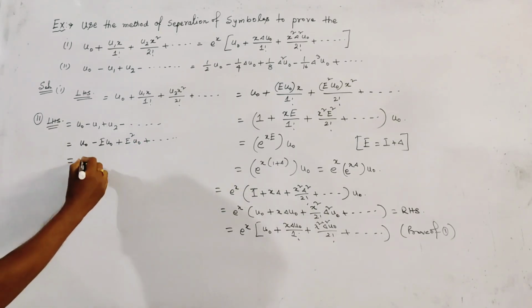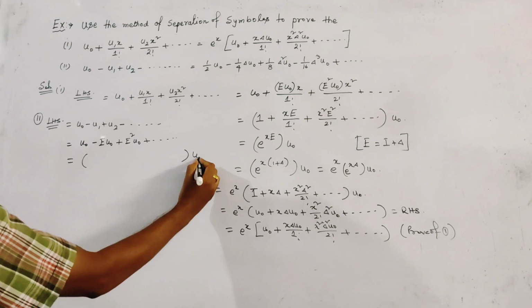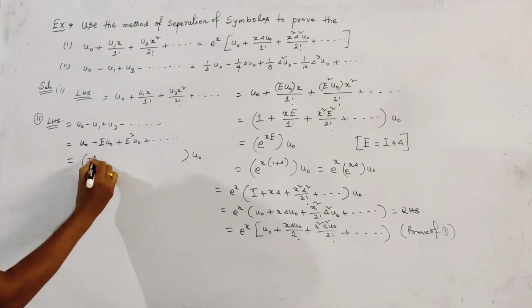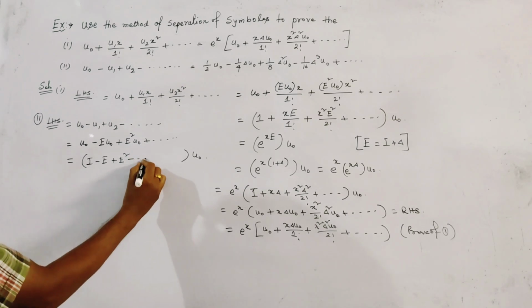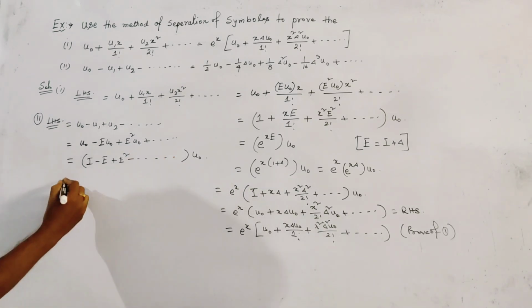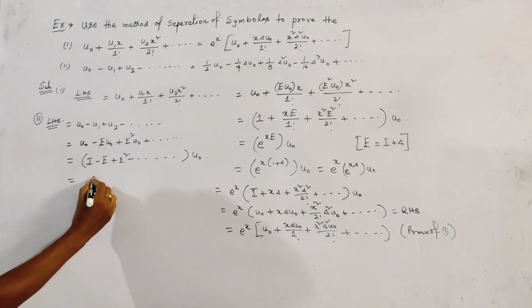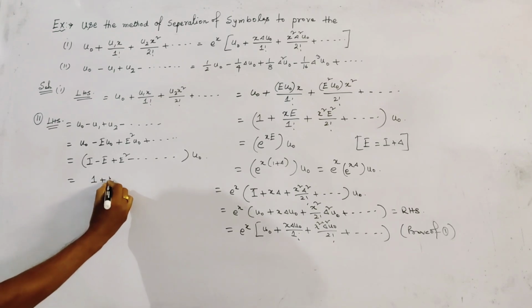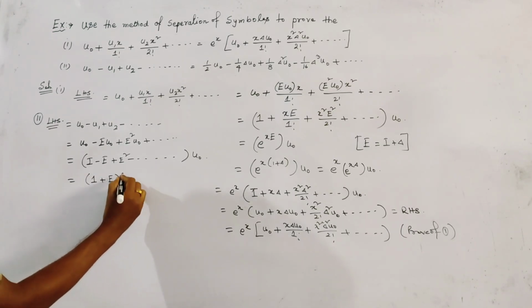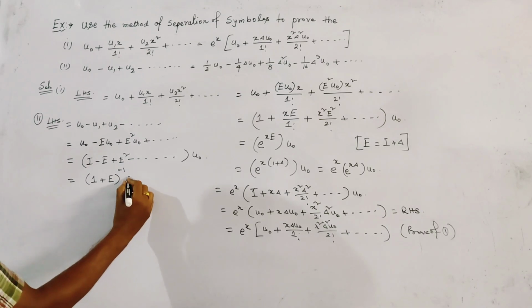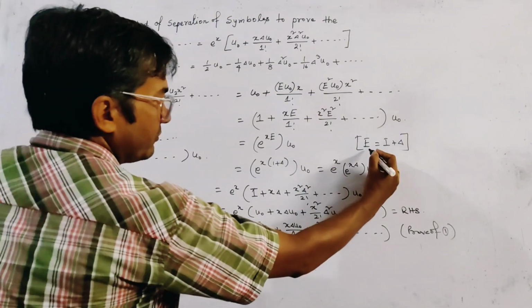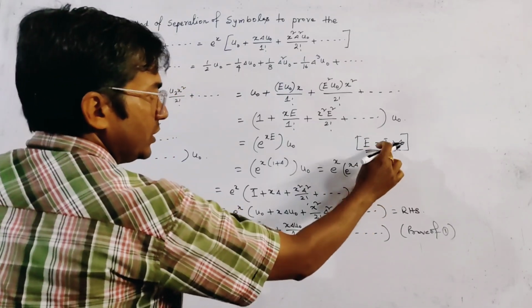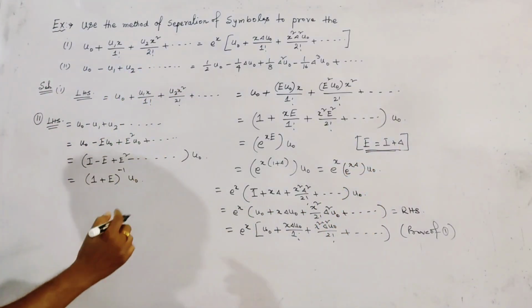And now taking common u0 from the right, we get 1 minus E plus E square minus, and so on. And clearly this is the series of (1 plus E) whole to the power minus 1 into u0.